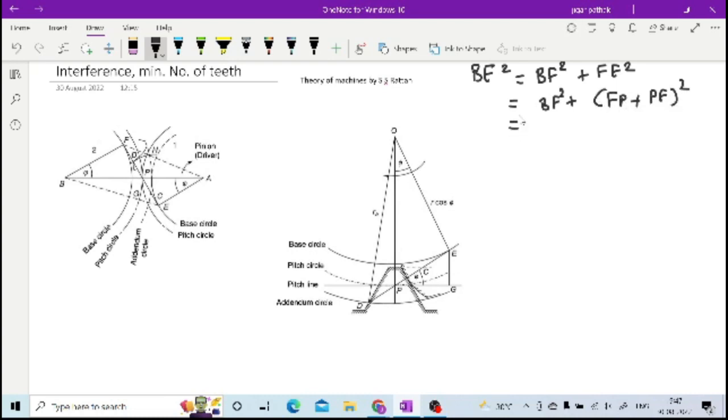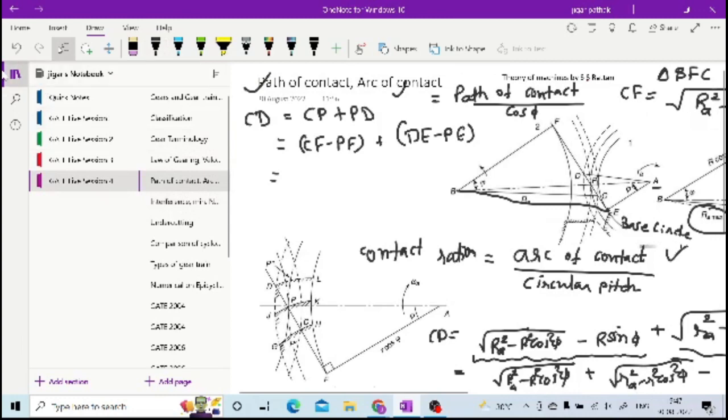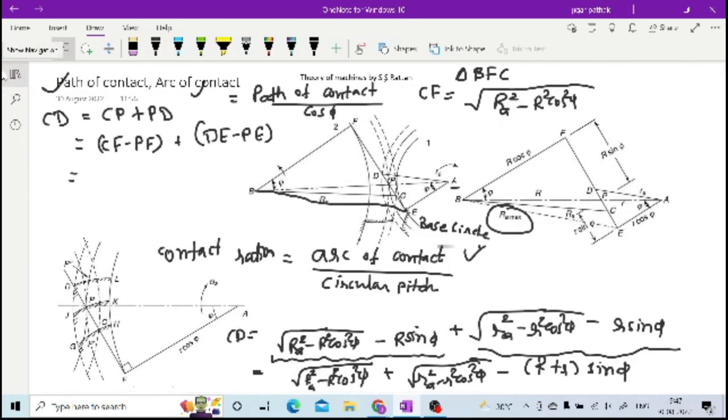So if you see what BF, FP and PE are in the previous figure, right? So what is BF? BF is R cos phi, FP is R sin phi, and PE is small r sin phi, right?